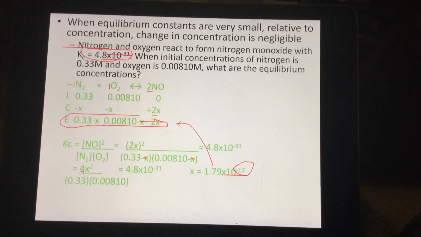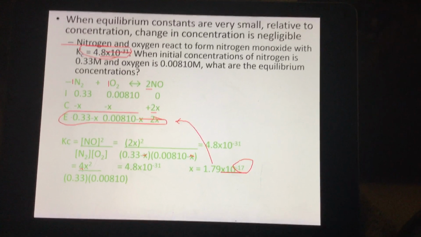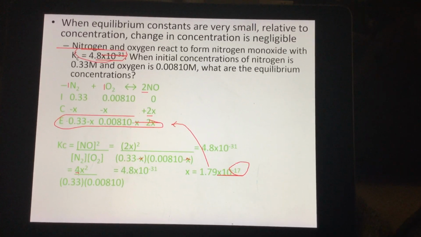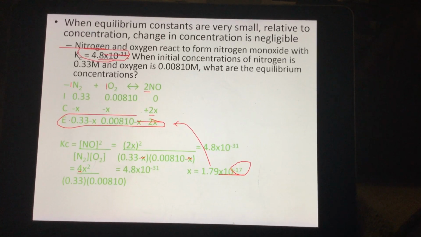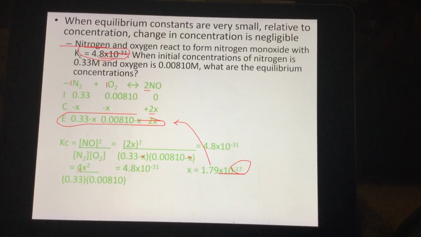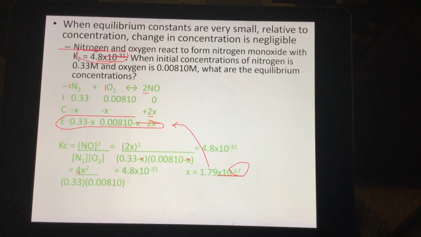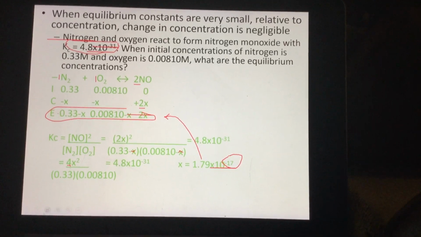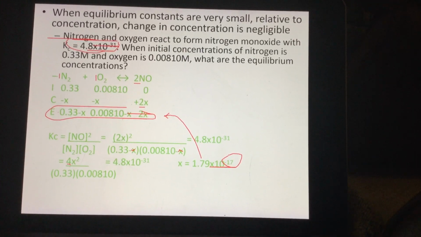It's still going to be 0.33. So that's why we were able to say this equilibrium constant is so small that the concentration of the reactants really aren't going to change at all. That's what we were talking about the other day. When we have a small equilibrium constant, it favors the reactants.